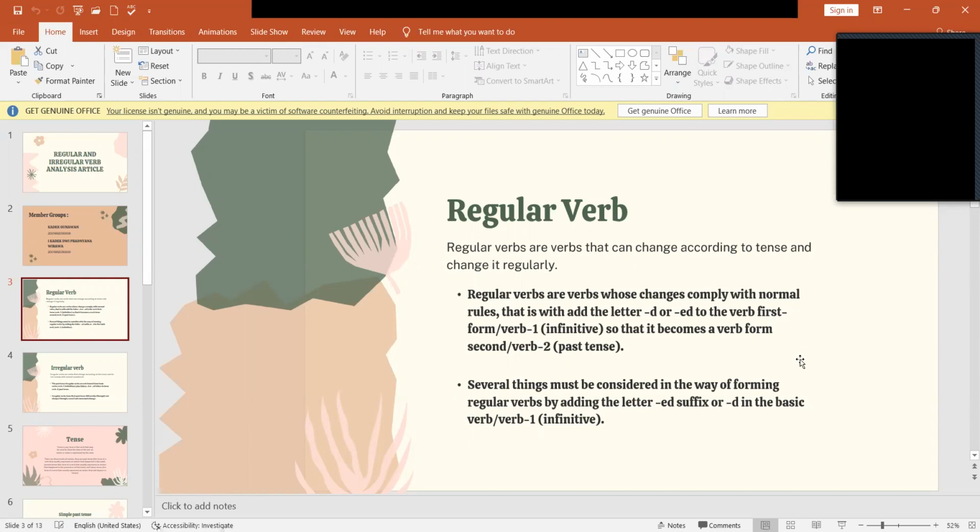Several things must be considered in forming a regular verb by adding the suffix ED or D to the basic verb, or verb one infinitive.